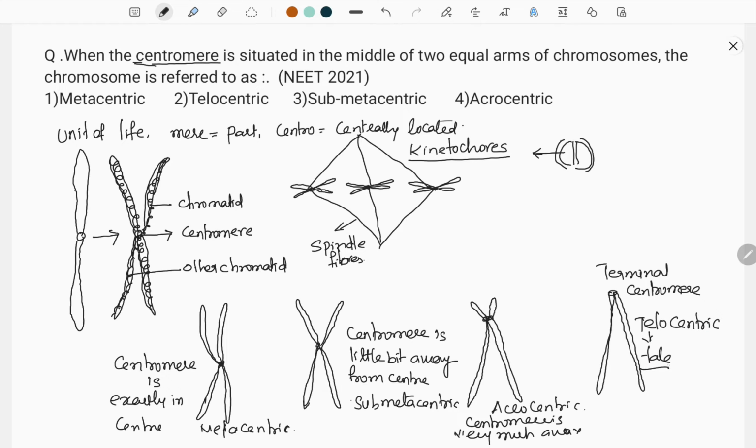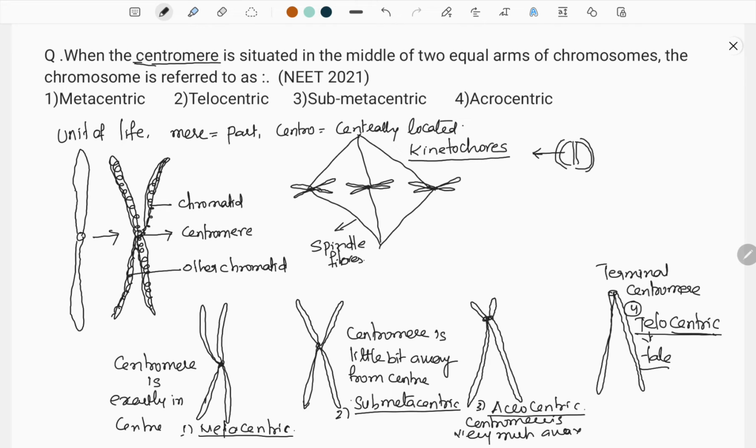Centric: centromere present at the tail, completely at the end of the chromosome. On the other side you don't find any chromatid. But this kind of chromosome is very rare in nature. Generally we find metacentric. Submetacentric is rare, acrocentric is also very rare, and telocentric is the rarest of the rare. We don't find them.